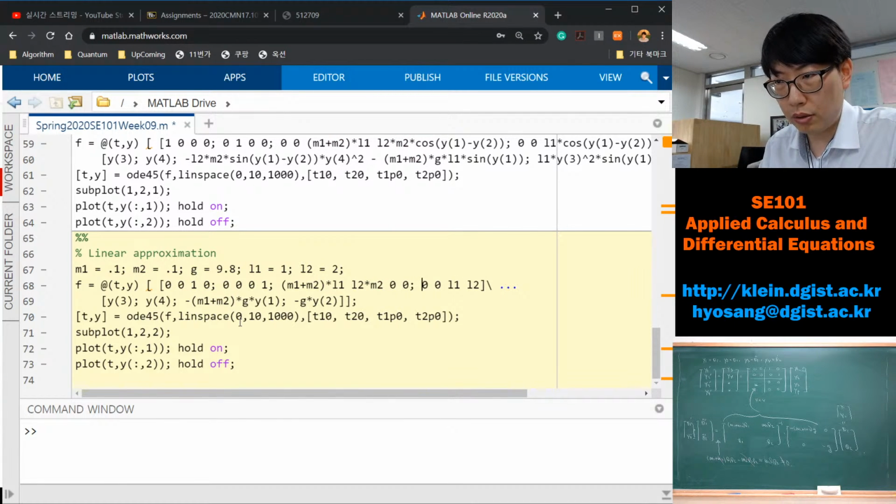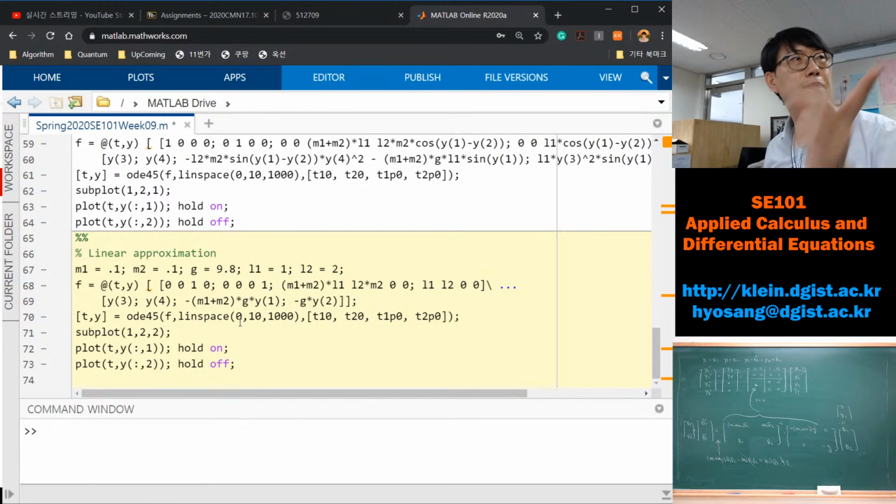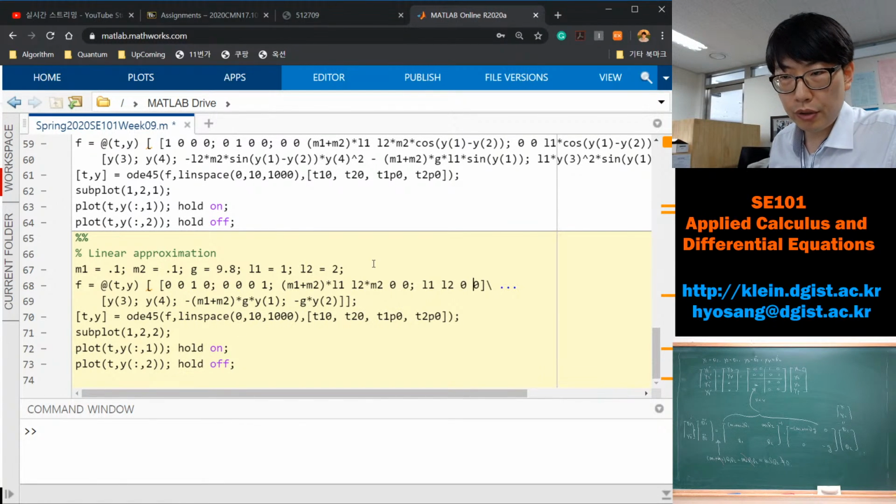So let me change this to L1, L2, 0. I already computed the inverse matrix, and I plug in these parts. So this is the big 4 by 4 matrix that I put on the blackboard: 0, 0, 1, 0, and some 2 by 2 matrix, and then 0, 0.